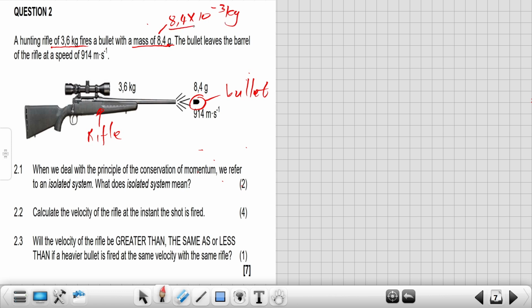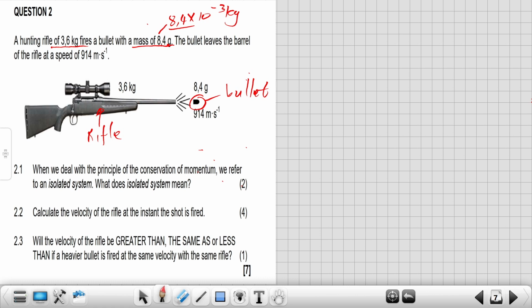So that is one thing that I need to work with, because remember, the SI unit for mass in this concept should be kg. So already I have picked up what needs to be changed from just reading the stem of the question.